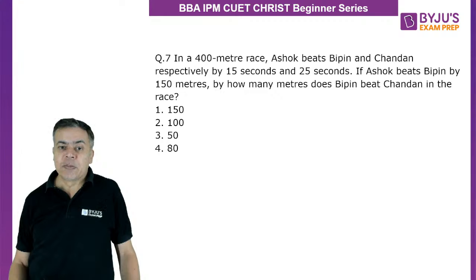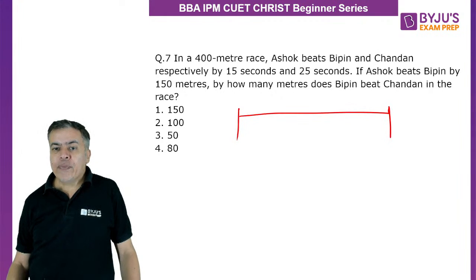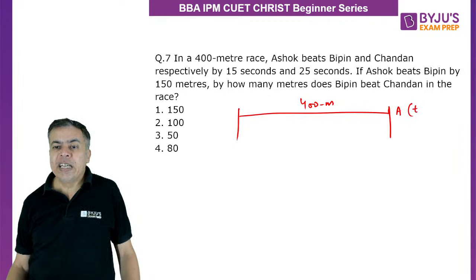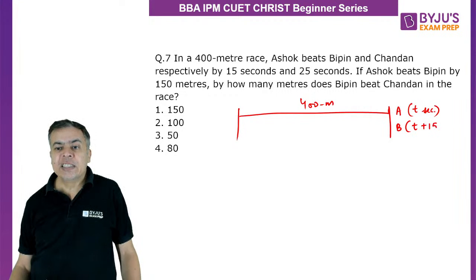What does this mean? Just see, if this is the 400-meter race, when A reaches here, and if A takes t seconds, then when B reaches here, he must be taking t plus 15 seconds.